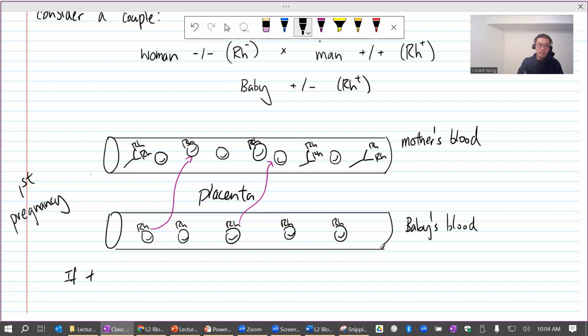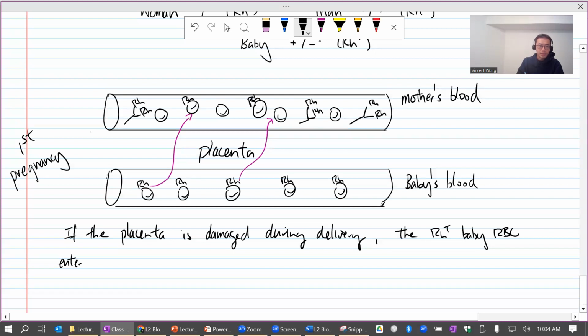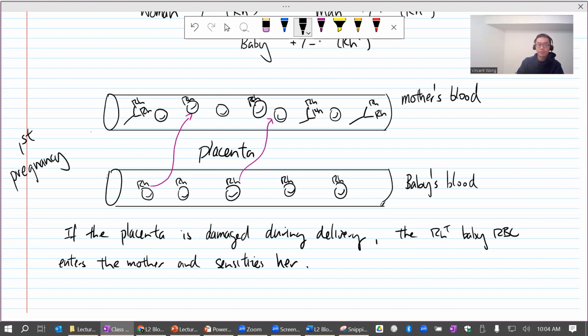So if the placenta is damaged during delivery, the Rh positive baby blood, baby RBC, enters the mother and sensitizes her. The mother will make anti-Rh antibodies.